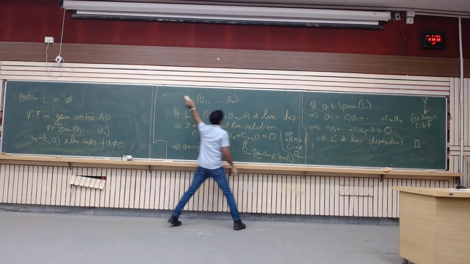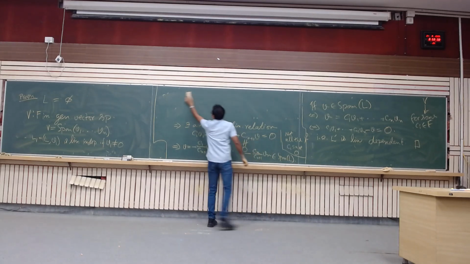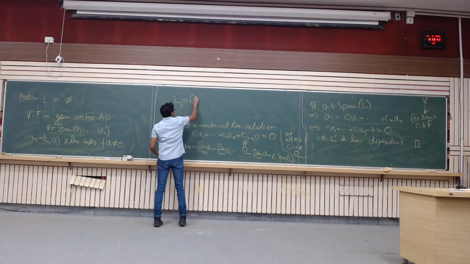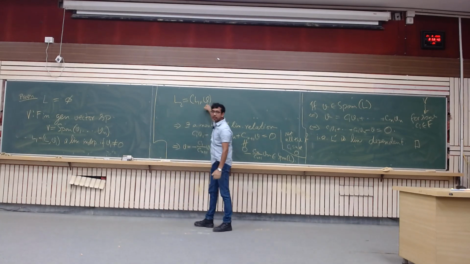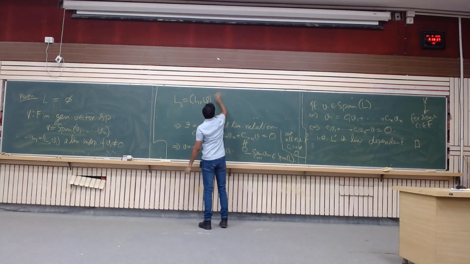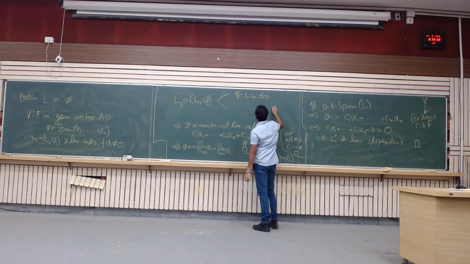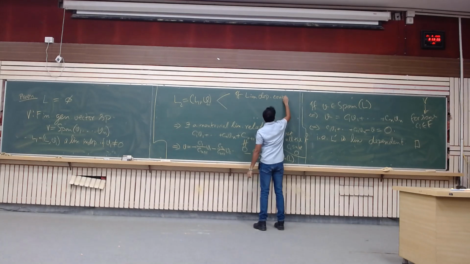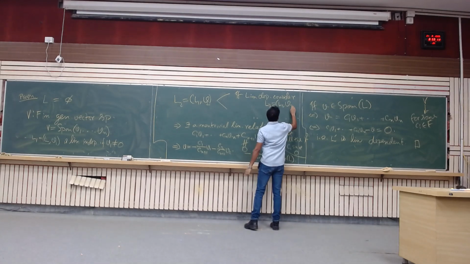So then repeat the process. That is, then you have L2, which is L1 comma V2. You append V2 with this, and continue. If L2 is linearly dependent, you don't have to append V2. Go to the next one. So there could be two things. If linearly dependent, then consider L3 as just L1 appended with V3.